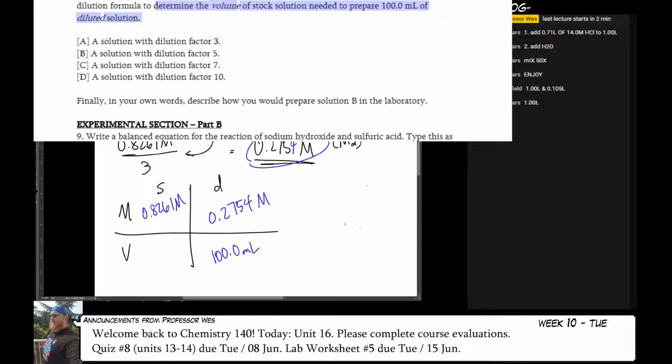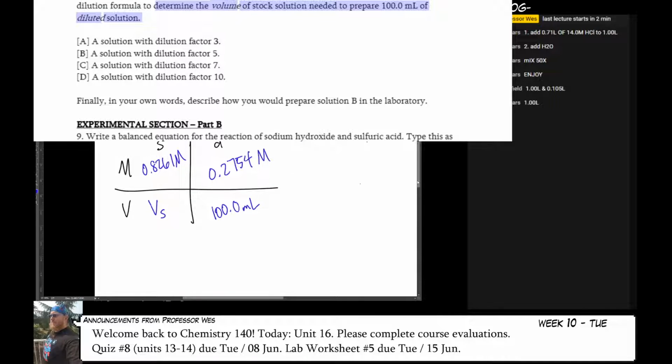I need to figure out how much stock solution I need to do the calculation and prepare the solution. You've done this like 74 times already today, so we'll do one more. My dilute concentration is this. My dilute volume is 100 milliliters. Remember, the volume units don't matter.